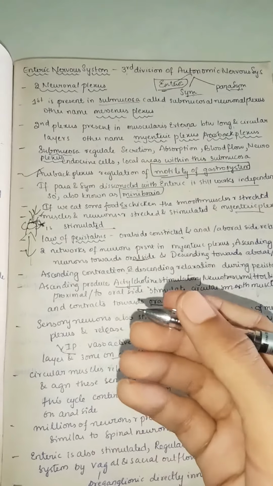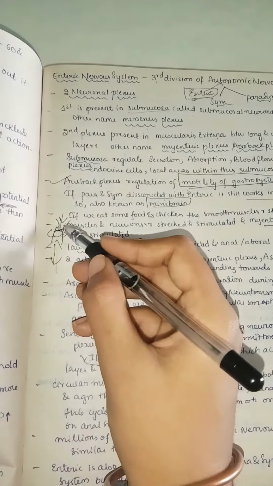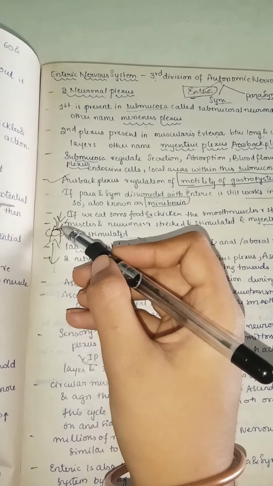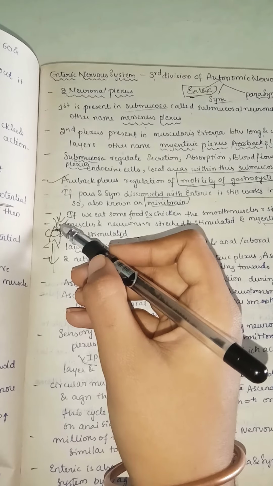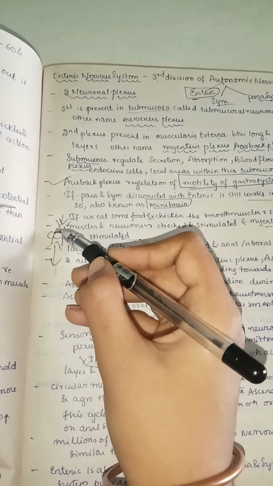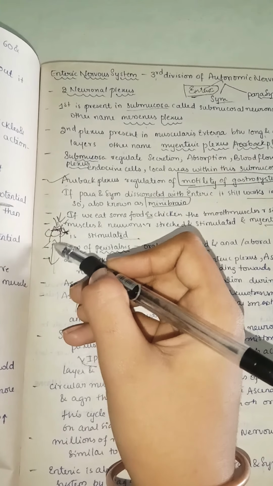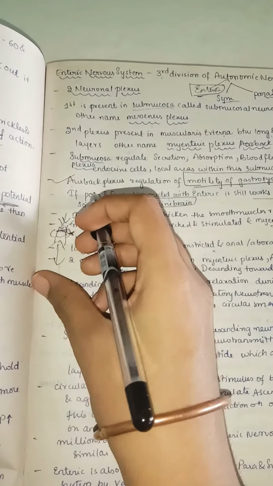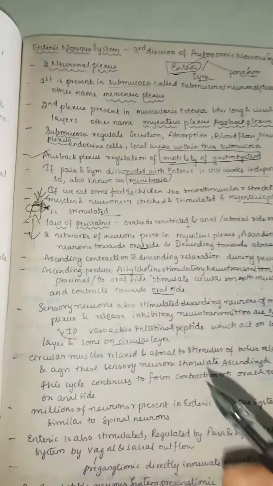So, what are the substances required for constriction and relaxation? In the myenteric plexus, on the oral side, I have ascending type of neurons, especially acetylcholine and substance P, which are useful for constriction on the oral side. On the anal side, mainly we have nitric oxide and vasoactive intestinal peptide, which are mainly used for relaxation, so the food can move easily forward.